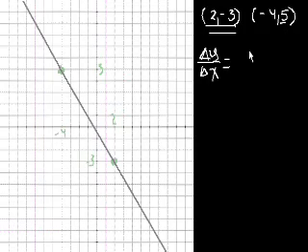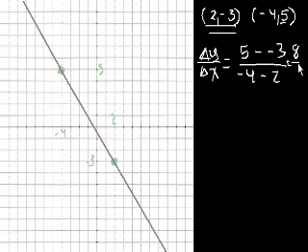So we'll say 5 minus -3, over, since we used the 5 first, we have to use the -4 first as well, -4 minus 2. Well, 5 minus -3 equals 8. And -4 minus 2 equals -6. And 8 over -6, if they're both divisible by 2, equals -4 over 3.